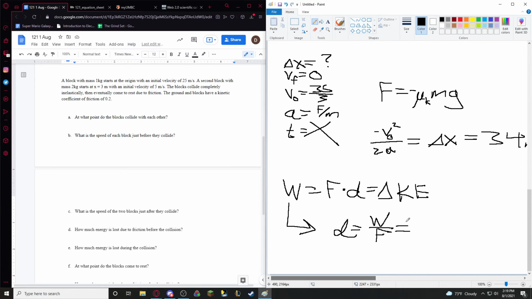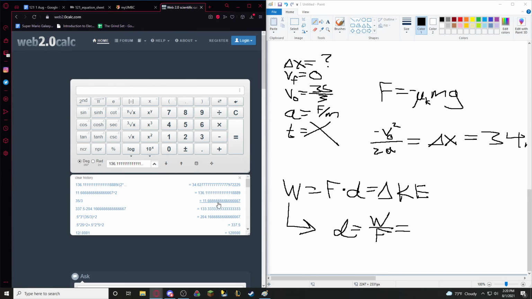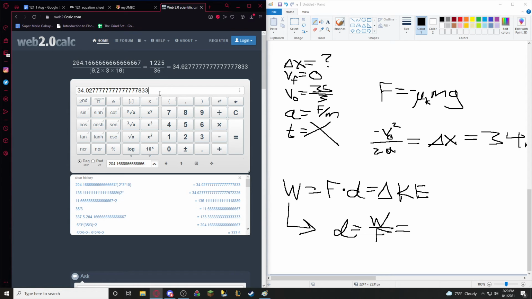Exactly. So we just have to divide our 204.2, or I'll actually use all the sig figs, divided by the force. Our force is 0.2 times the mass, which is 3, times g, which is 10.